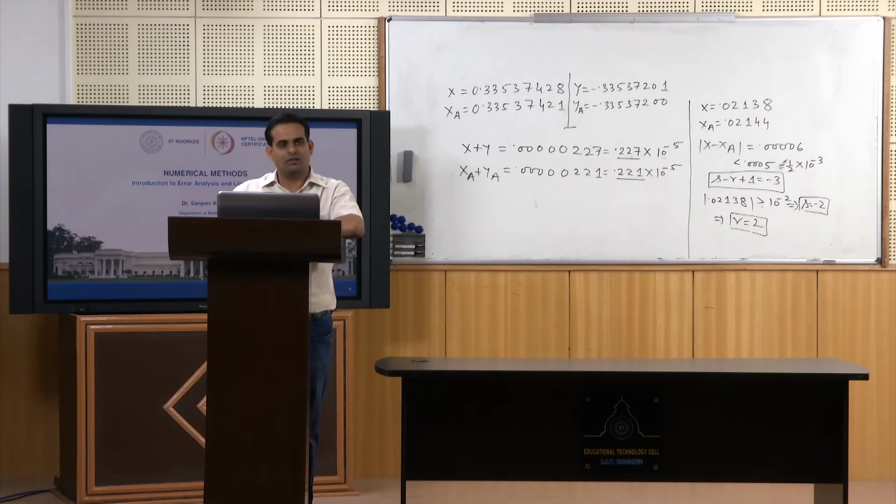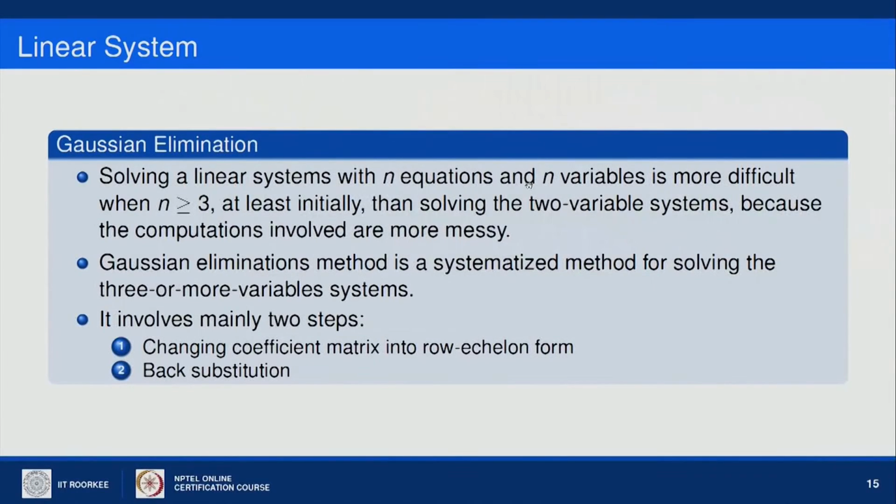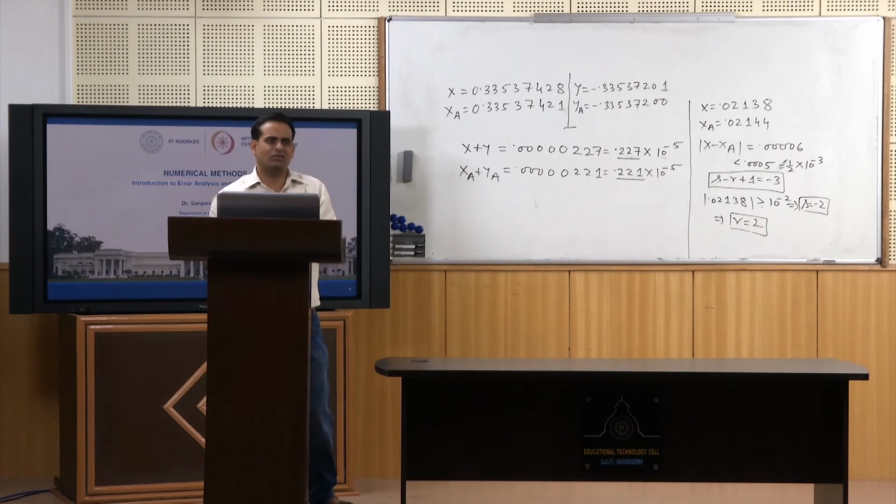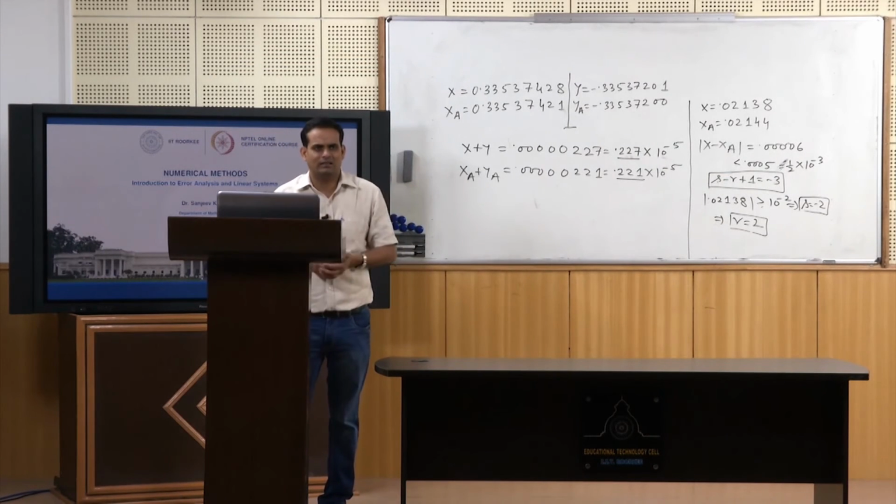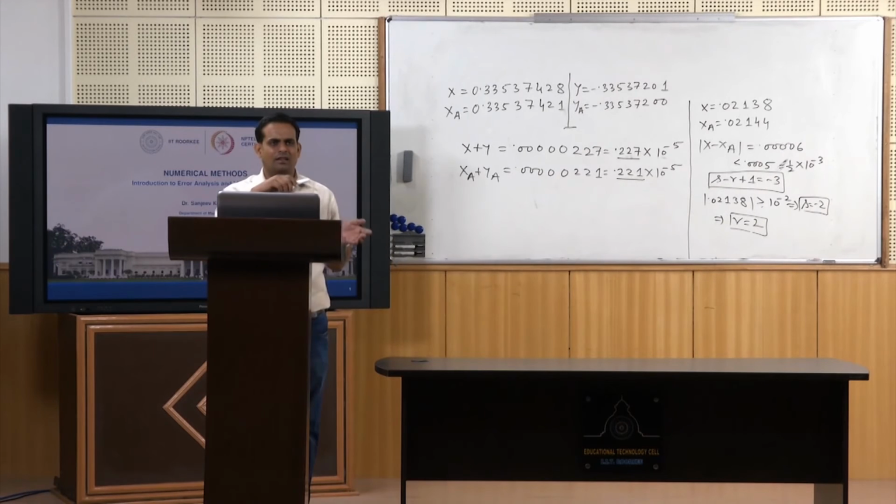Now, how to solve such a system? Solving a linear system with n equations and n variables is more difficult when n is greater than or equal to 3, because if I have 2 equations with 2 unknowns, I can solve it directly. But if I have 3 or more equations in the same number of unknown variables, it becomes quite difficult, and we need some systematic way of solving such a system.